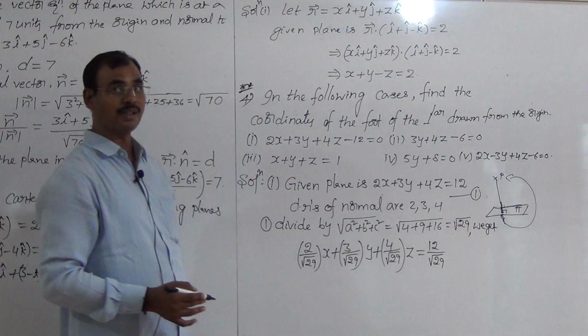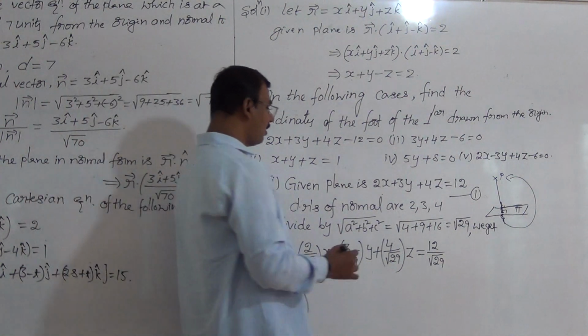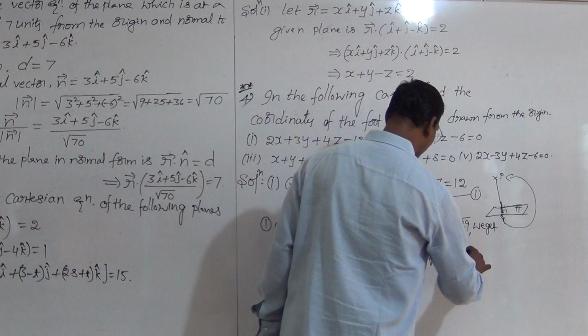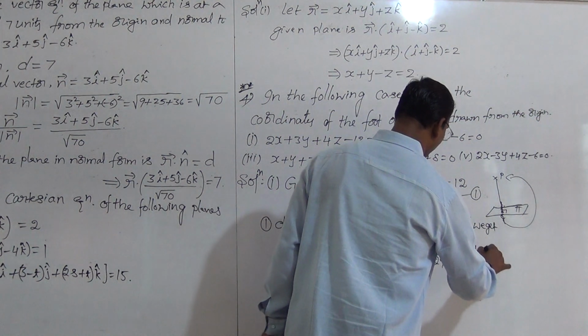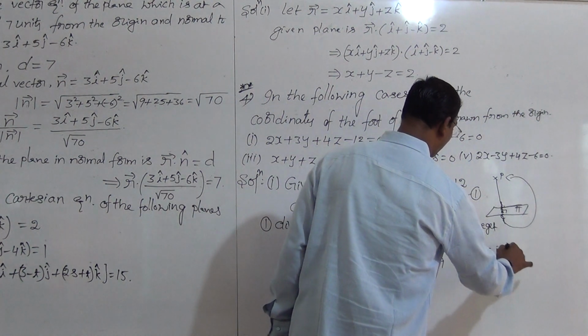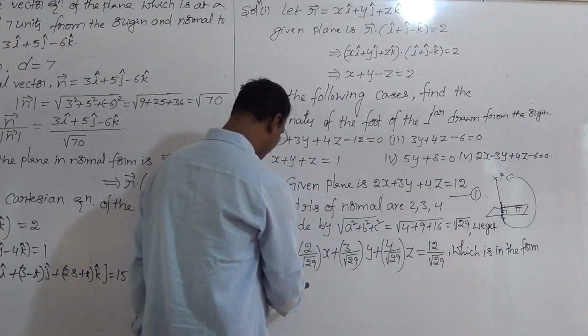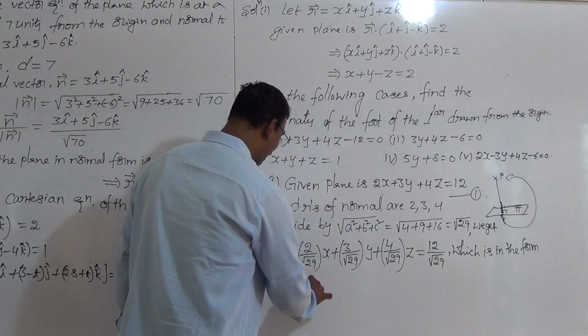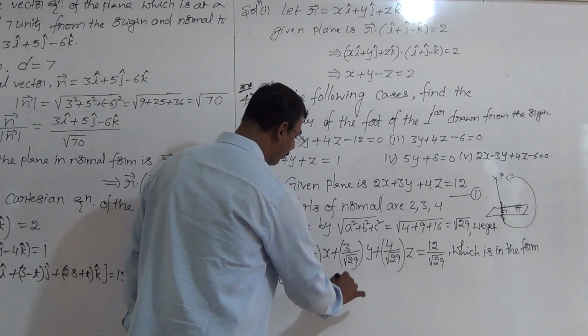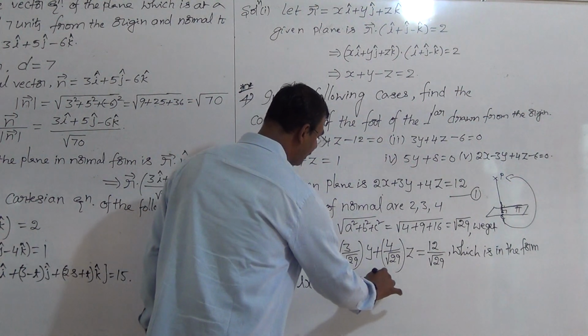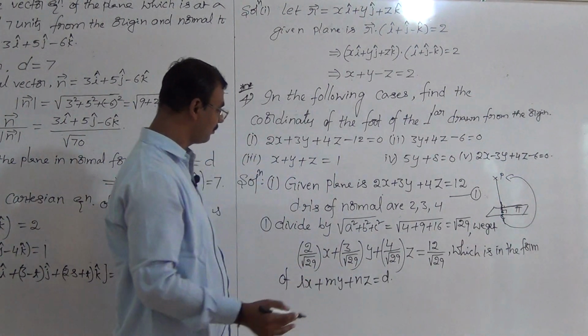So it is converted into the form lx plus my plus nz is equal to d.